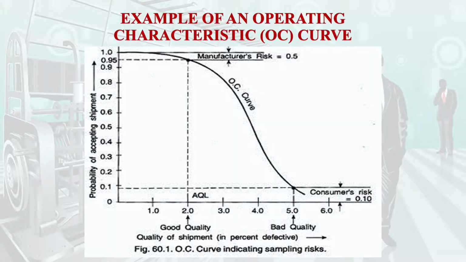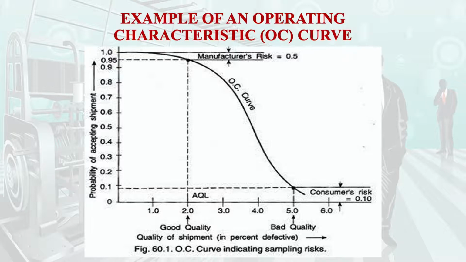This picture shows you a typical OC curve. You can see it is a type of S curve, or the opposite of an S curve shape. On the x-axis we have the percentage defective, while on the y-axis we have the probability of accepting.